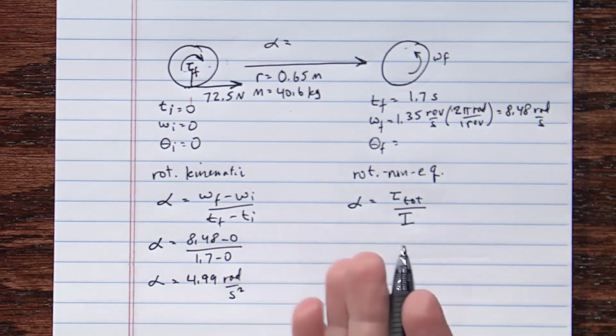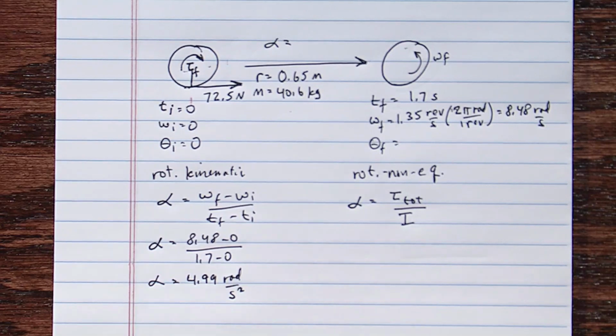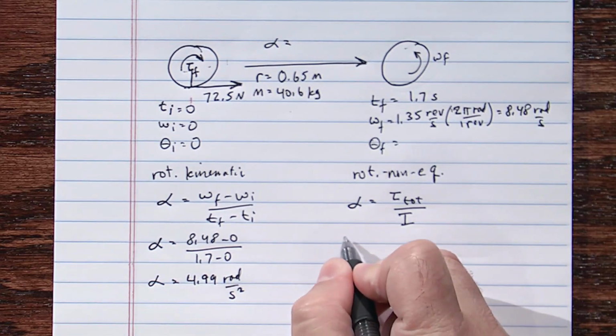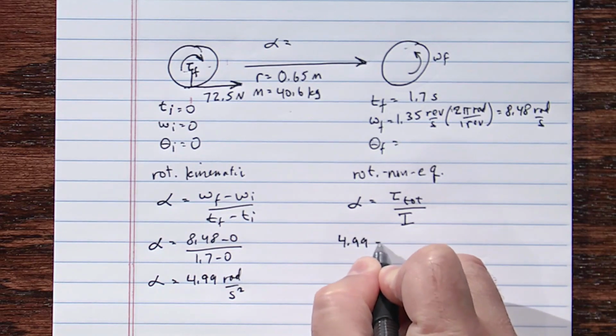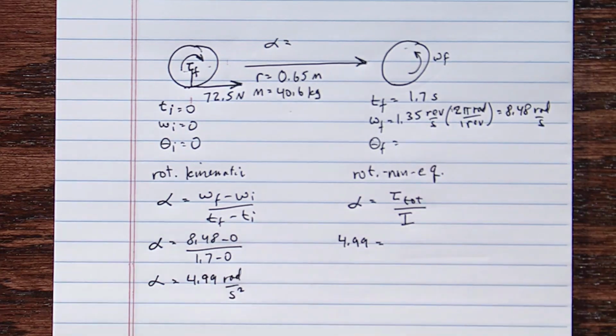Now let's see what we can do with our rotational non-equilibrium equation. Angular acceleration is 4.99. Torque total: we have two torques.